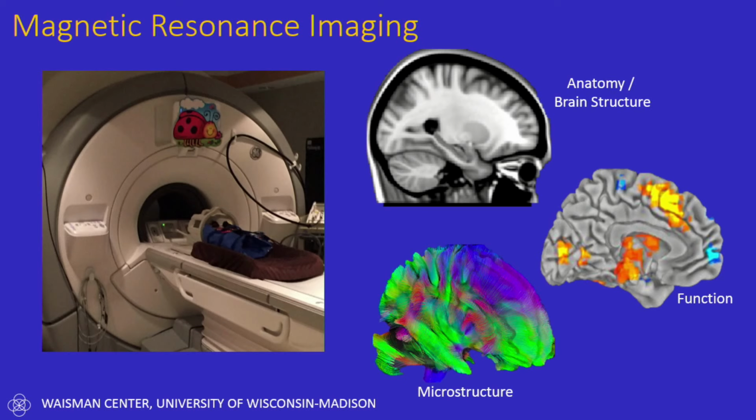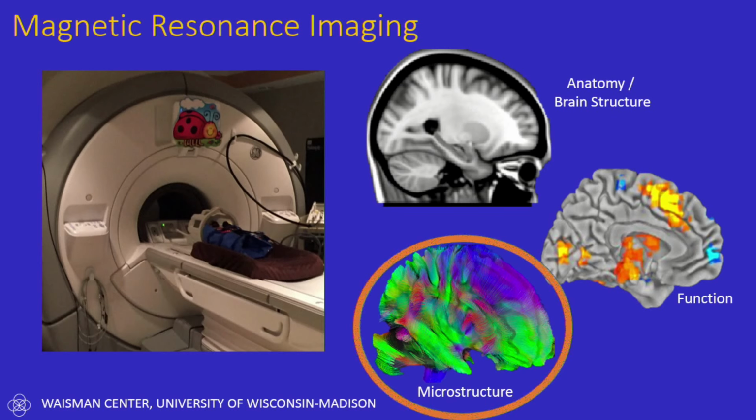For instance, we can get images that relate to brain structure or anatomy. We can also play different sequences that give us information about brain function, and also more advanced sequences that give us information about brain microstructure.